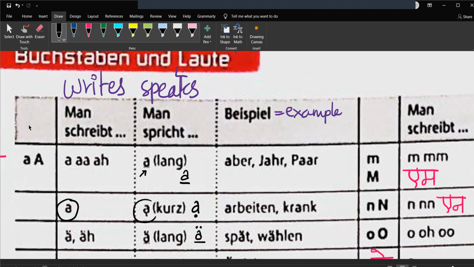These two accents, the dash and the dot and dash, indicate the longer and shorter vowel. Now, when I say long and short, I mean the long A and the short A.